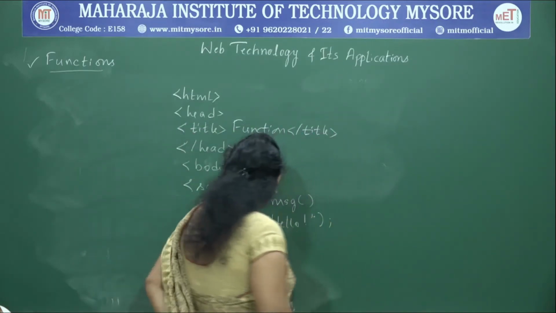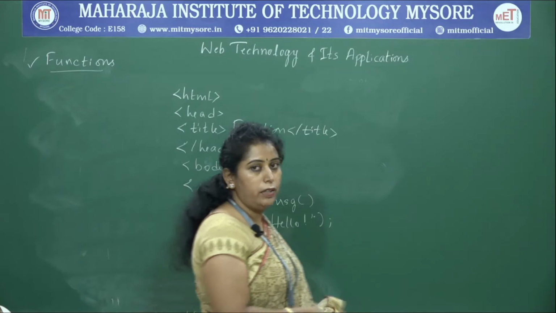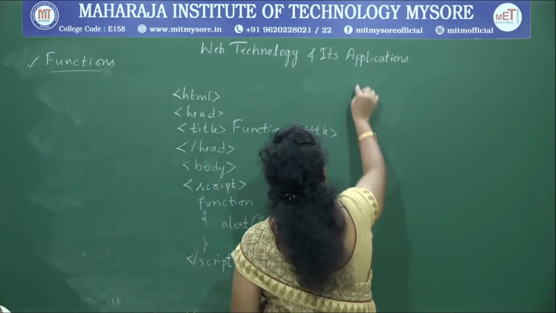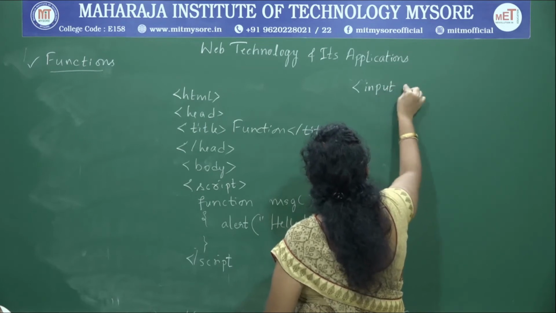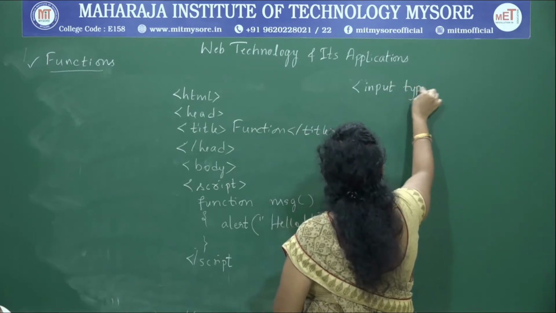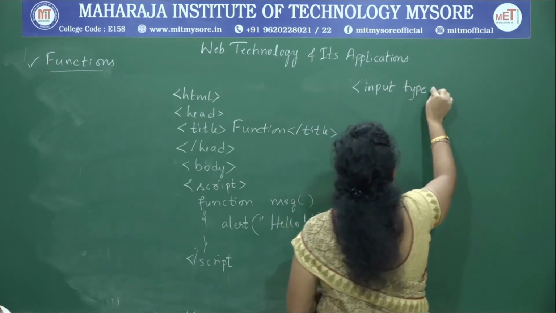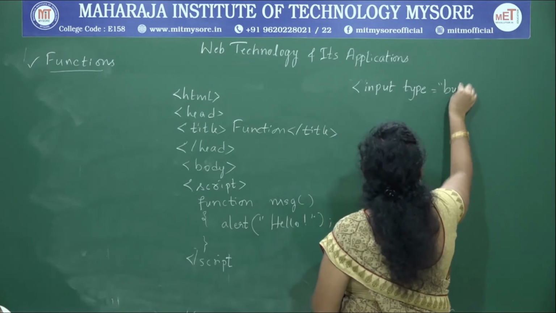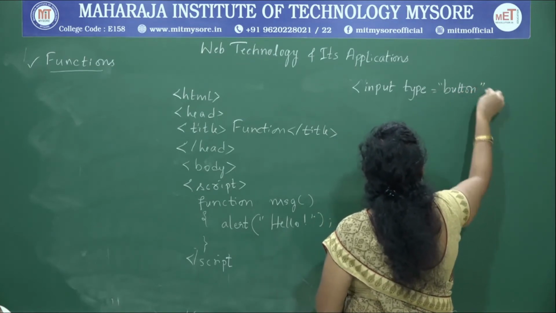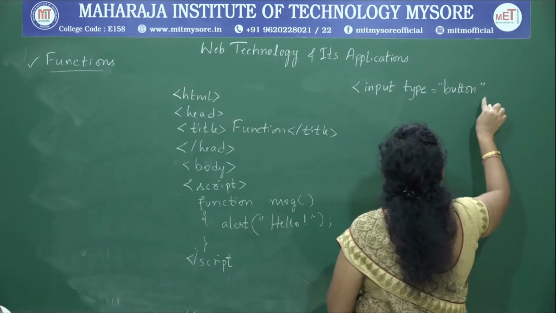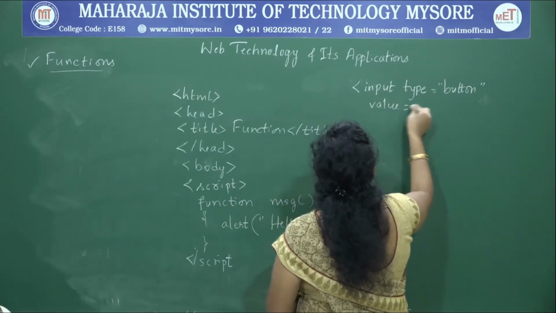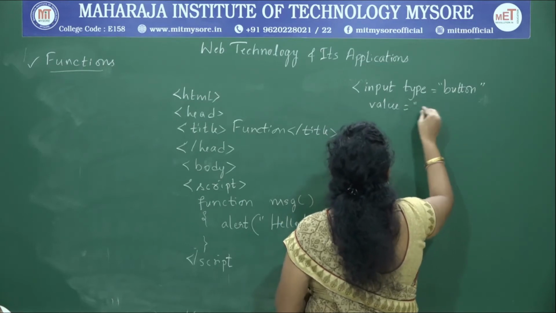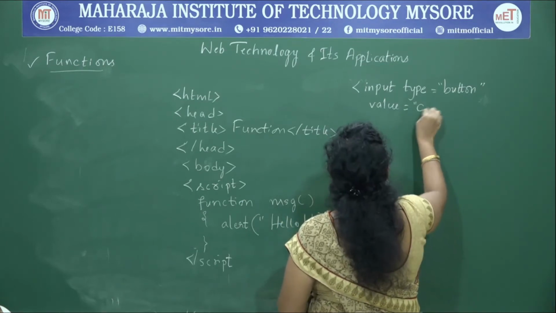Next I will continue here. After closing the script, you have to call that function. In order to make it interactive, I am using input type button, then value. I am telling call function.